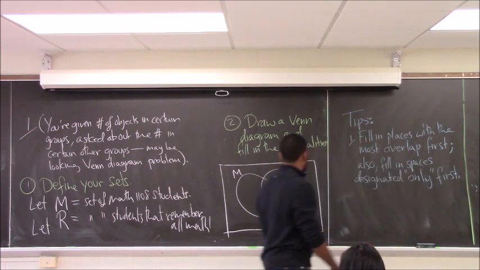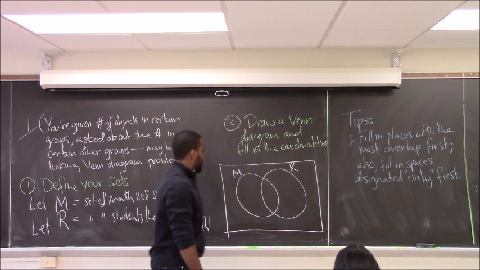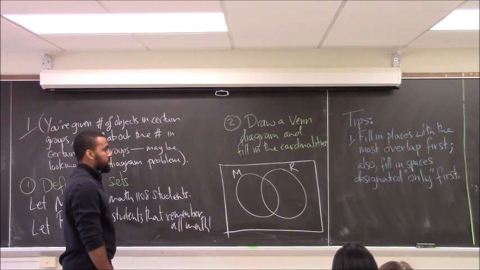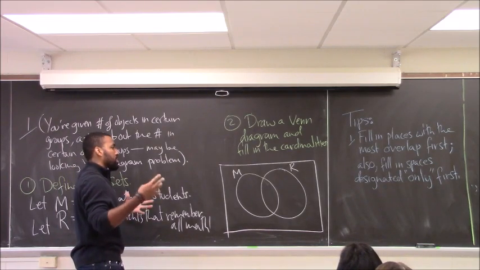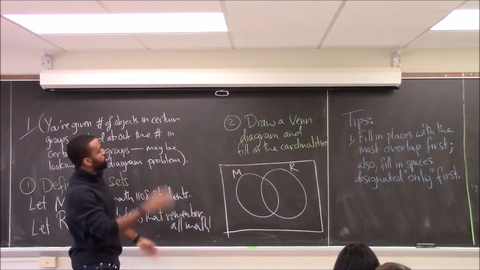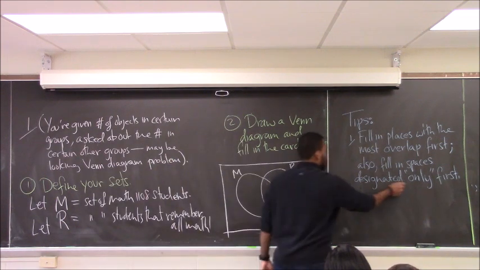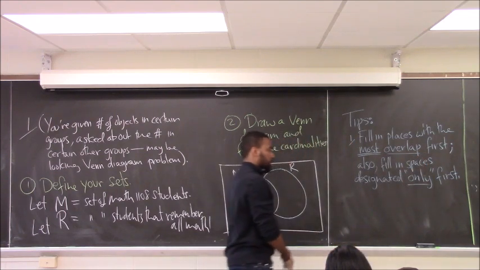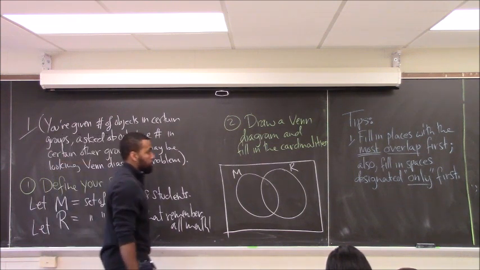So the first regions of space that you're going to want to fill in are the places with the most overlap, as long as you know that information. And another place that you're going to want to fill in before you start filling in any of the other numbers is anything that says only. So they might have something in the problem that says there are 5 students who take Math 1108 and that's the only group they belong to. They don't belong to the group of students who remember. So sometimes the problem will tell you that. So you're going to fill out anything that says only first. You're also going to fill out the places with the most overlap, and you go successively, right? So if there's an overlap of 3 sets, do that before the overlap of 2 sets, and so on.